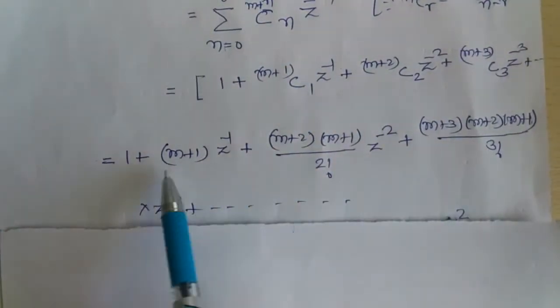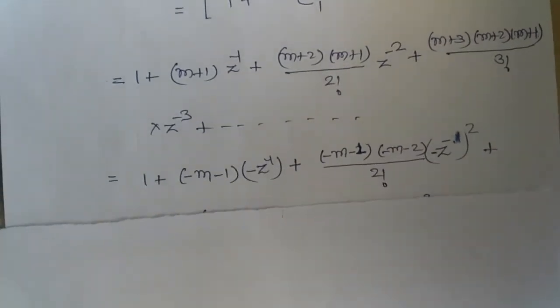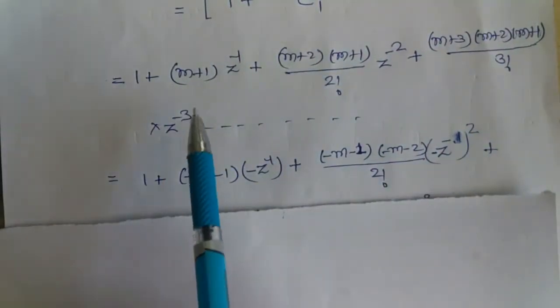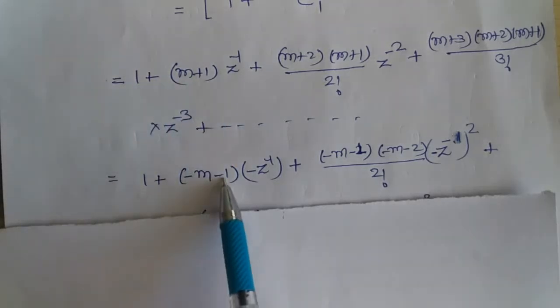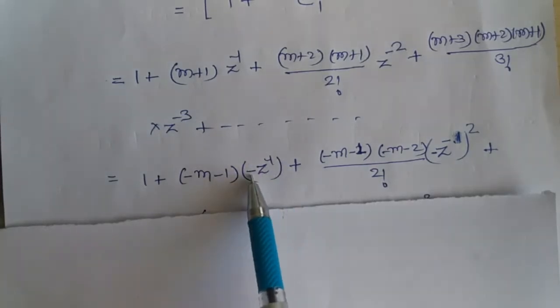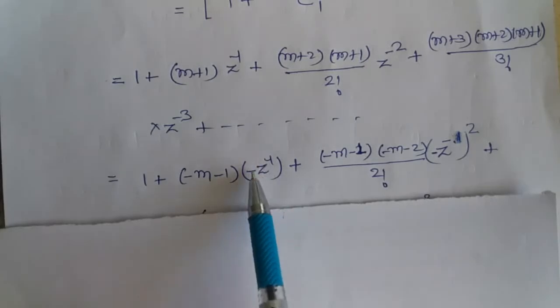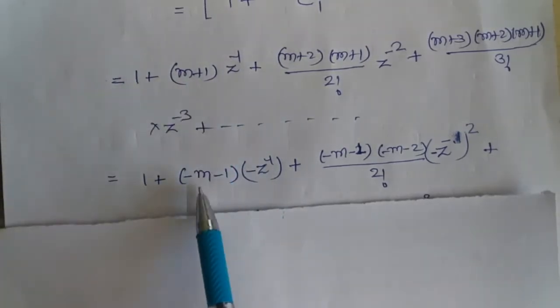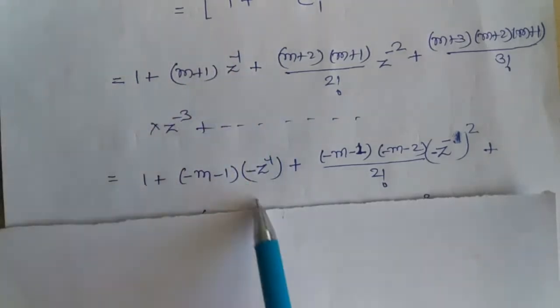Now we write this expansion as 1 plus, here we write negative (m+1) into z inverse, we express as minus m minus 1 into minus z inverse, then we get the same term (m+1) z inverse.